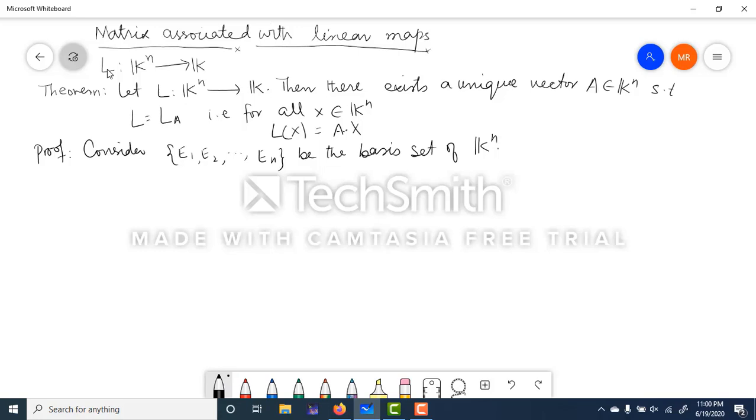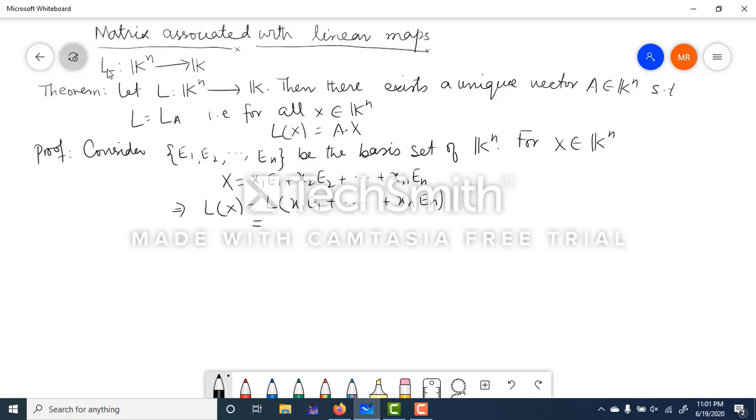Thus, for x in K^n, we know that x can be written as a linear combination of these vectors. If I apply L to this vector x, this is equal to L of x1 e1 plus and so on xn en.